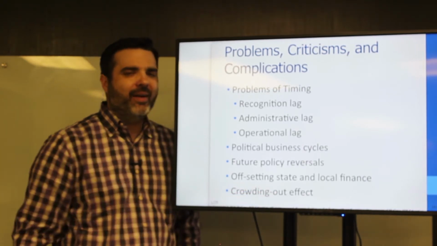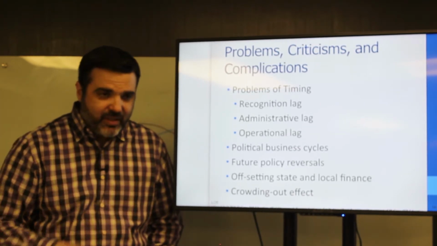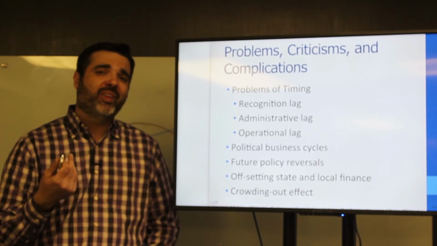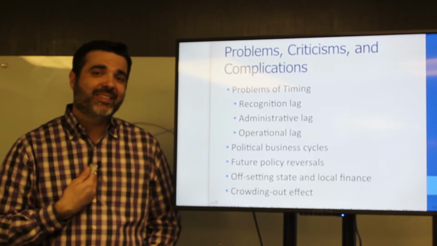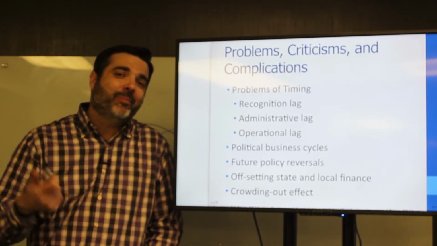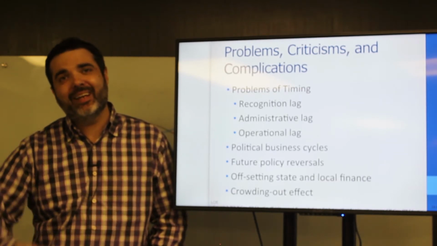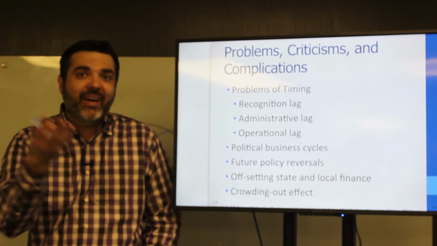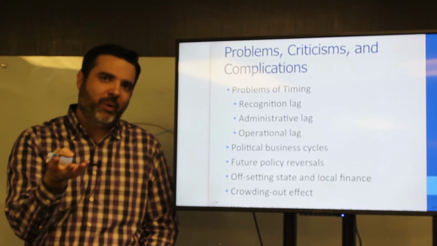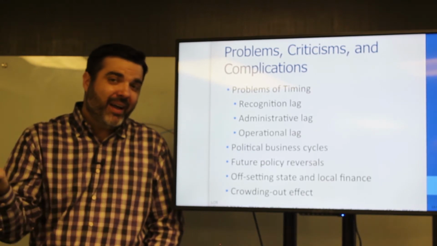And then the crowding out effect. This is a really interesting one, and it's going to be on your test. Sometimes to pay for all of this, the government has to borrow money. When the government borrows money, there's less money available, which can raise interest rates, which can mean private spending goes down. And when private spending goes down, that can have an impact on overall investment. Remember, on the aggregate demand curve, investment is a part of it, and government spending can have an impact on investment.